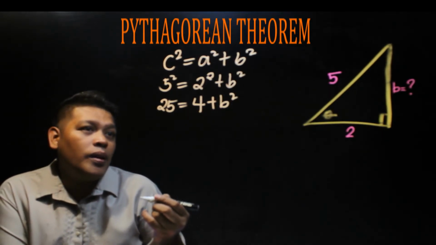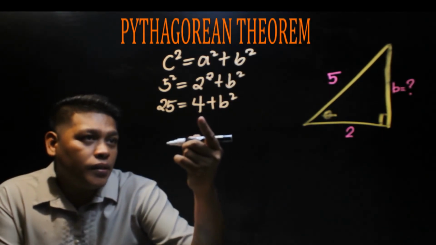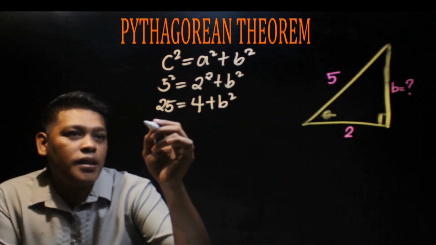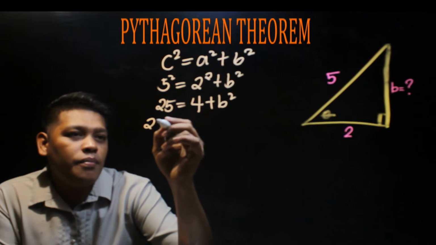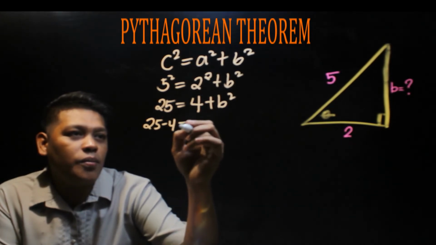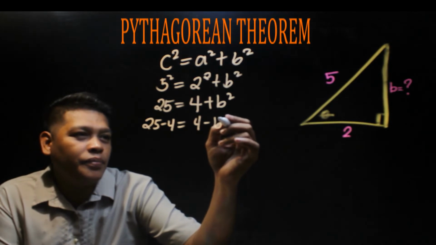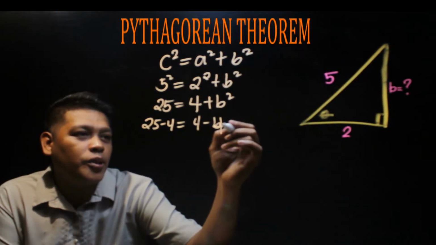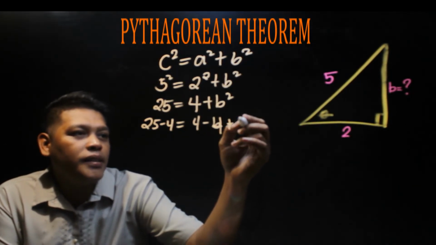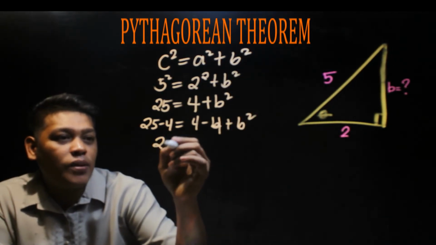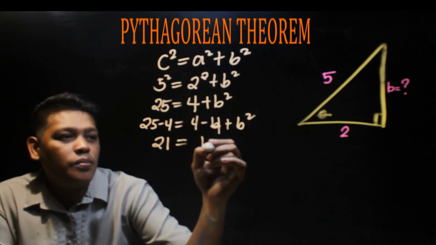We subtract 4 from both sides, so 25 minus 4 is 21, which equals B squared.